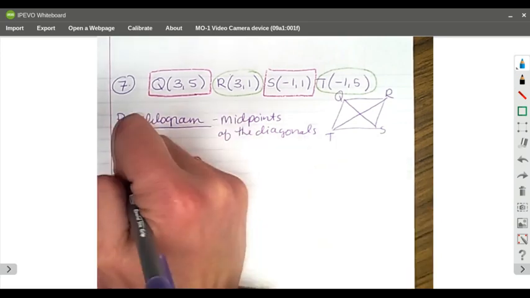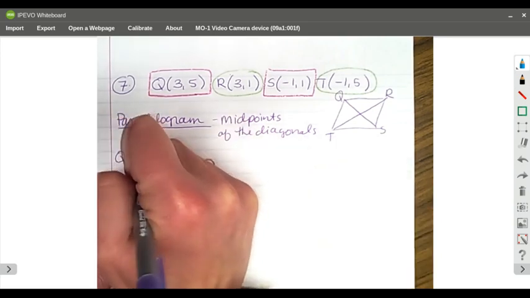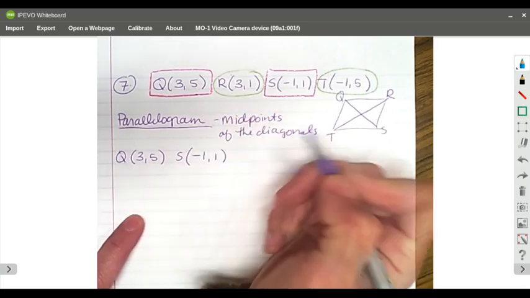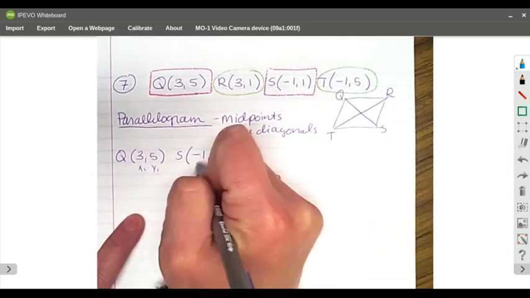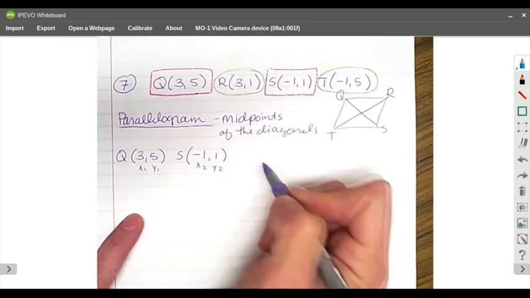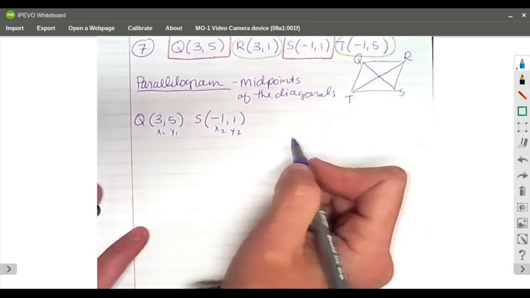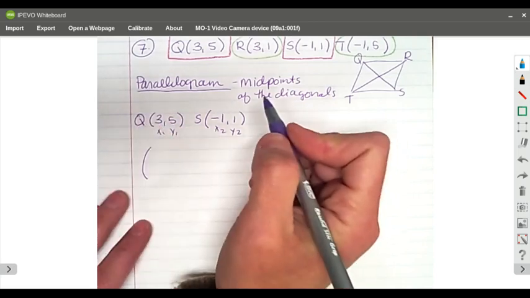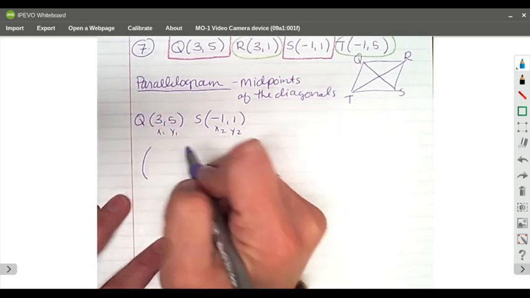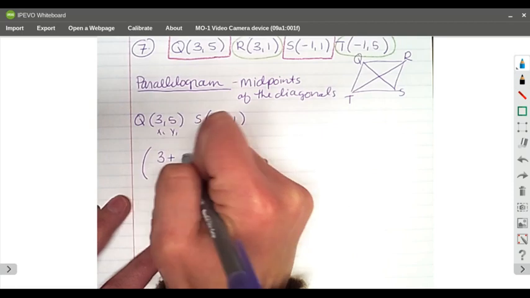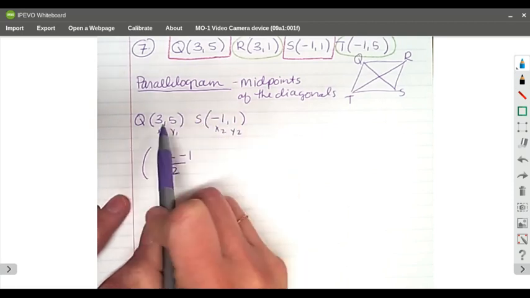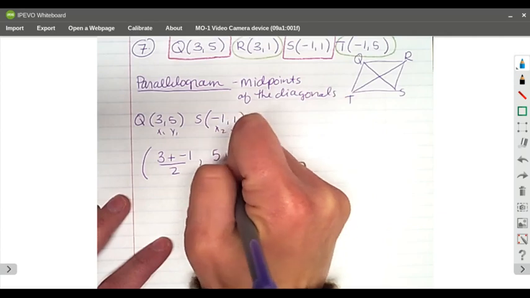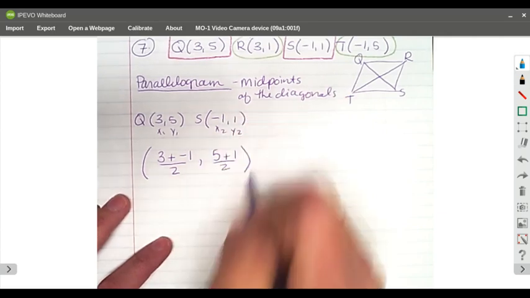Okay, so I'm going to do Q and S. I'm going to write out Q and S like this, just so I can label them: X1, Y1, X2, Y2. On your notes, you should have the midpoint formula. You add the X's, divide by 2, add the Y's, divide by 2. So it's X1 plus X2 over 2, so 3 plus negative 1 over 2, comma, and then Y1 plus Y2 over 2.